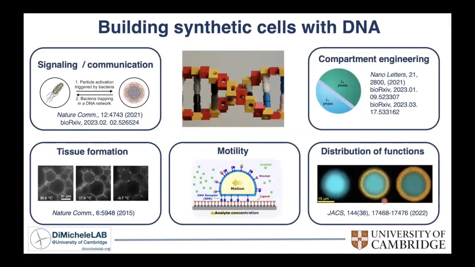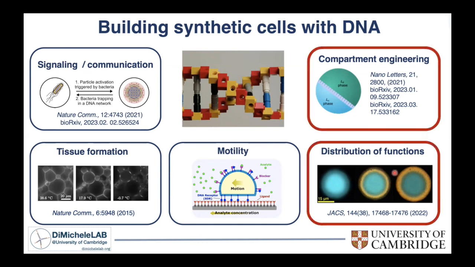So from our little corner of England, we try to do our best to contribute to different aspects of synthetic cell engineering using DNA nanotechnology. And we have work looking at signaling and communication and interactions with biological cells, tissue formation, motion, and then the creation of these compartmentalized cell-like architectures and the spatial engineering of functionalities within them.